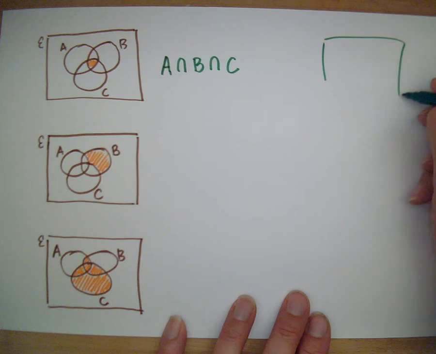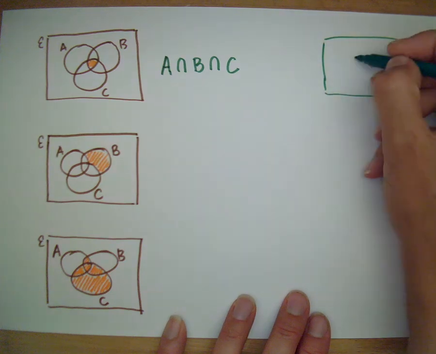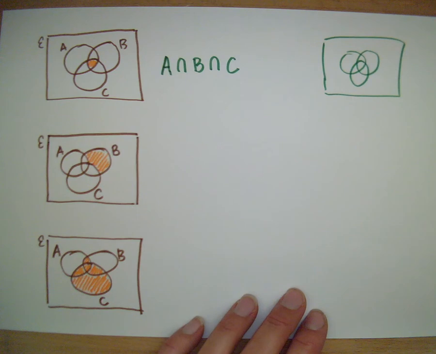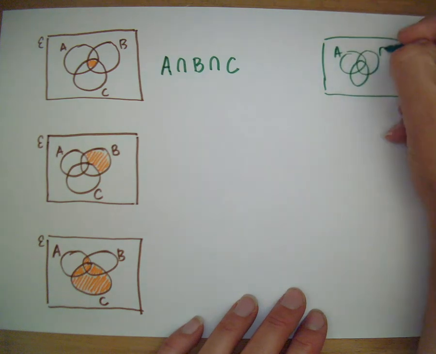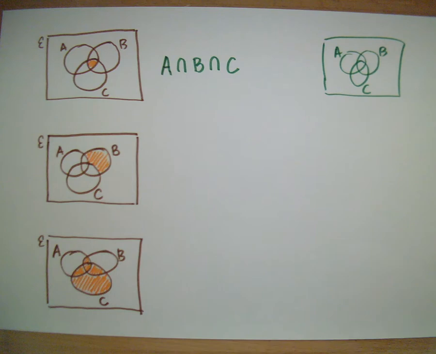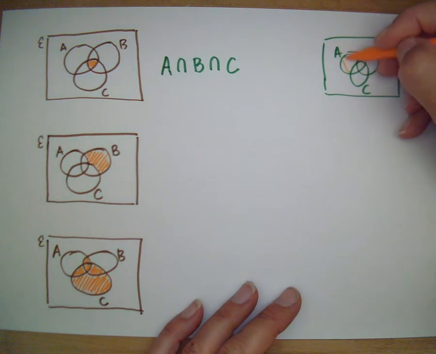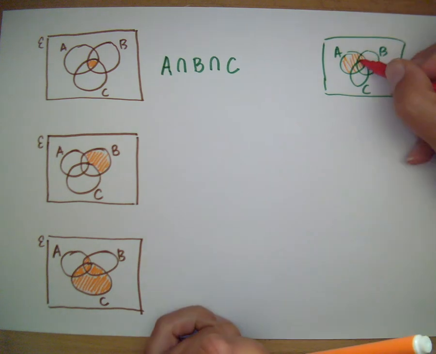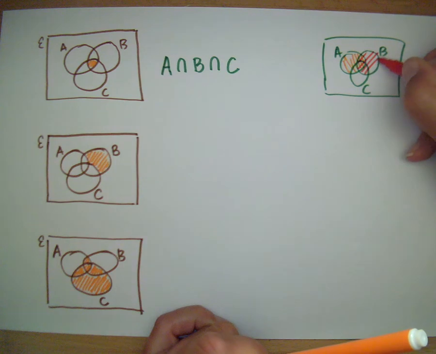And if we wanted to just check that, A, B, C, we would say everything in A would be red, orange. Everything in B we could color in red.